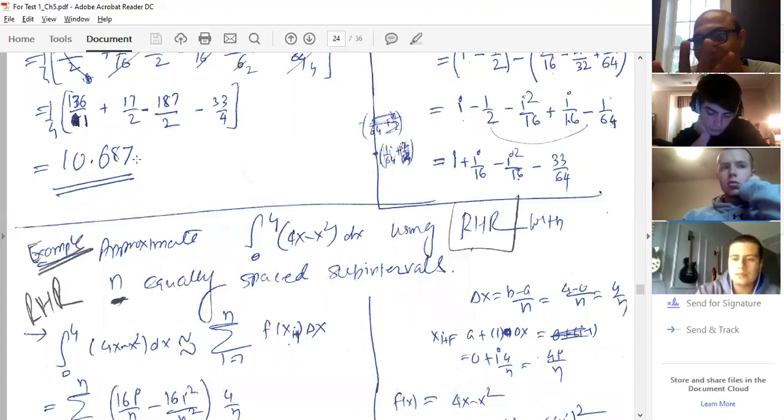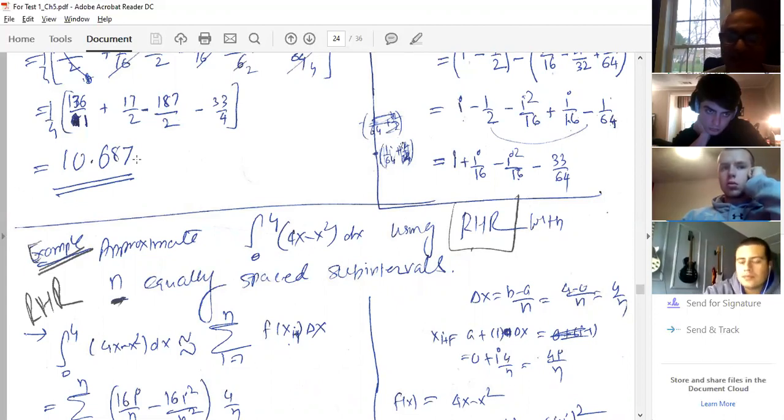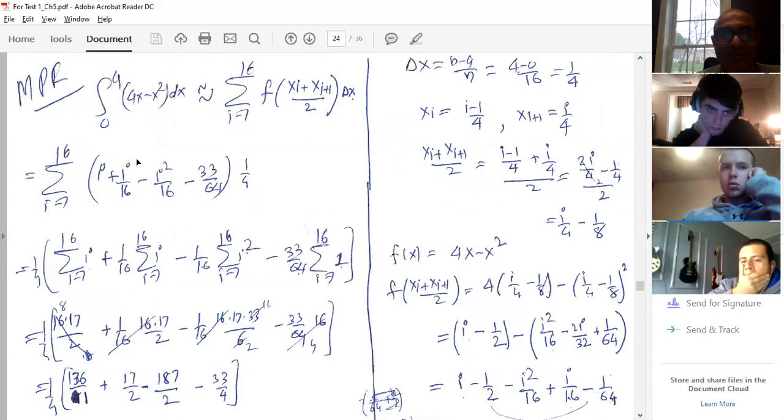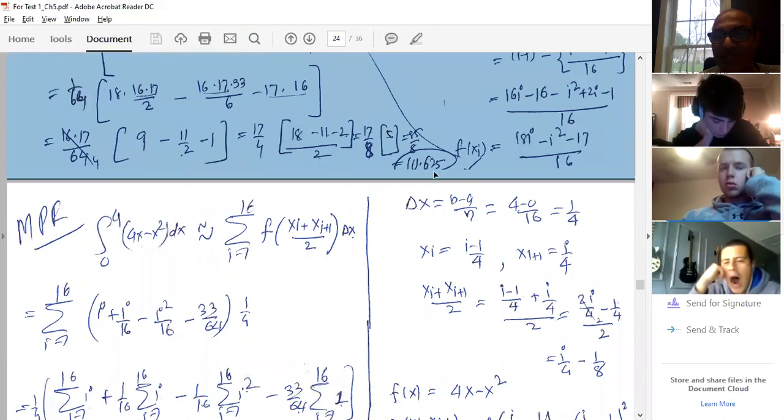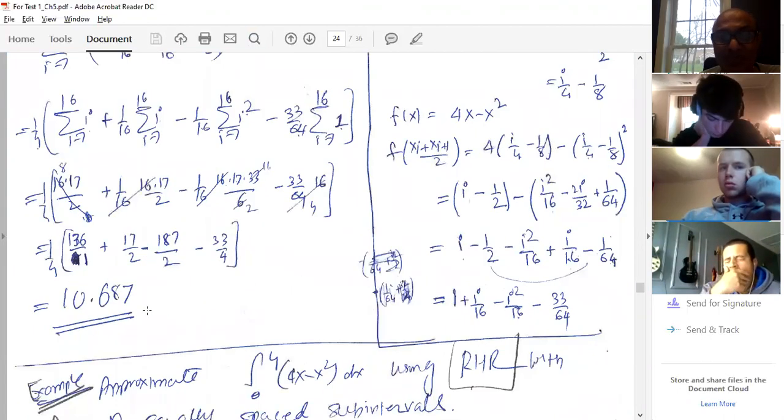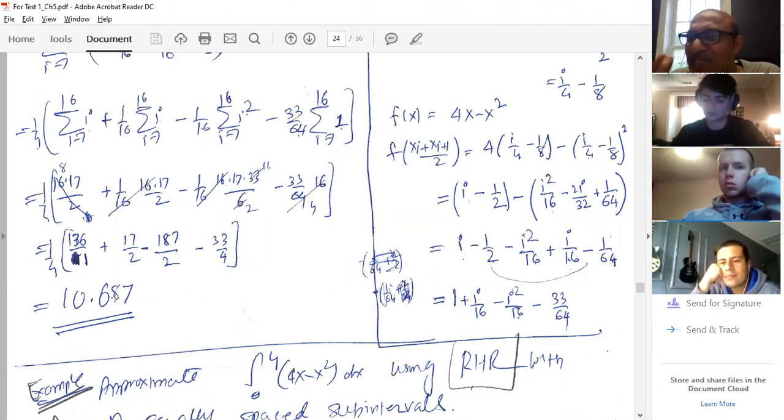See, previously I was getting 11 for 4 strips. Now I'm getting 10.687. My window is getting narrower and narrower. Look over here: 10.625 and 10.687, a very small window.